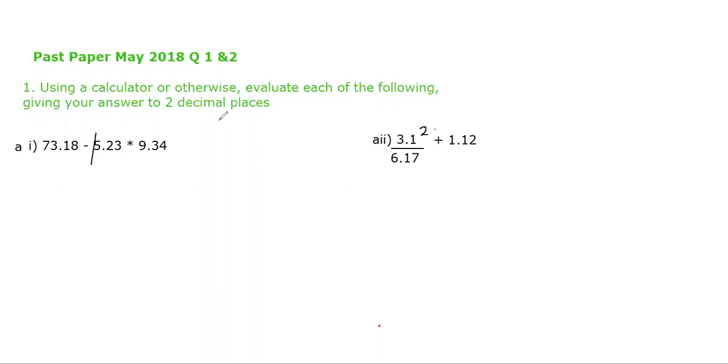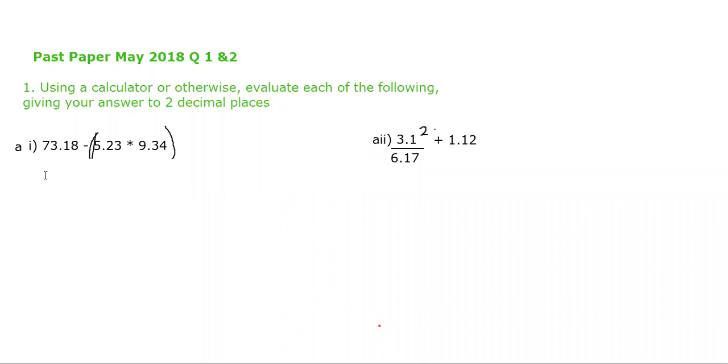So let me add, oops, change that right there. Yeah, let me add the parentheses, right? So that would signify that that operation happens first. Good. So let us work on that operation.